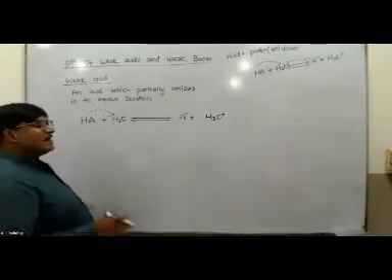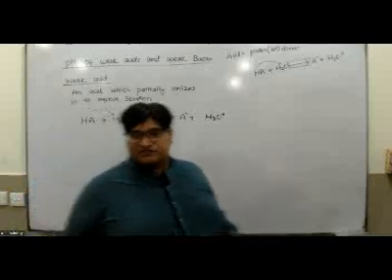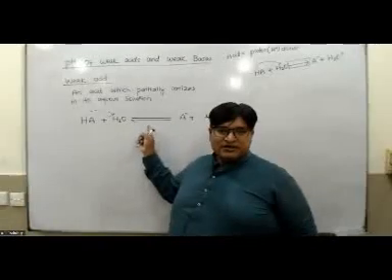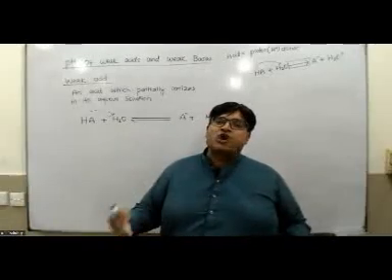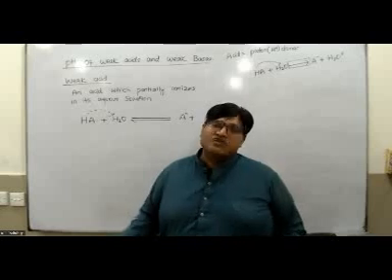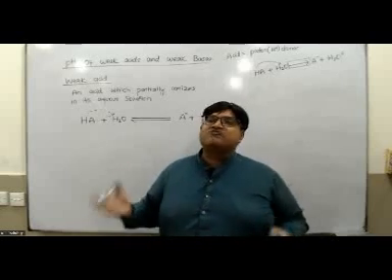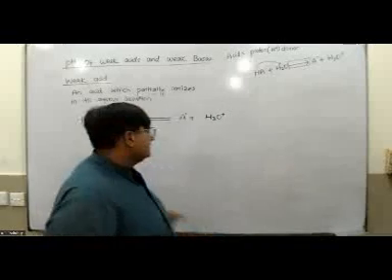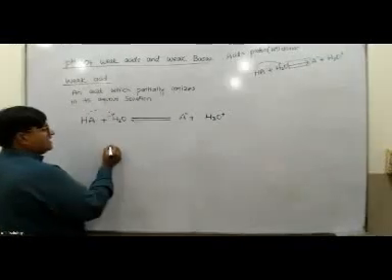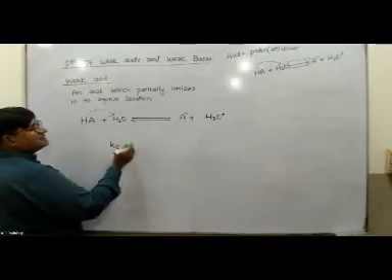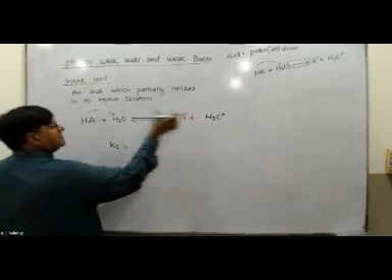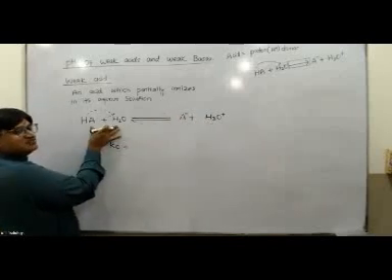The next thing: I told you in the first lecture, if you have the reversible sign, reversible reactions normally reach equilibrium, and at equilibrium you find the equilibrium constant Kc. What is the formula of Kc? I told you yesterday, Kc is the product concentration divided by the reactant concentration.